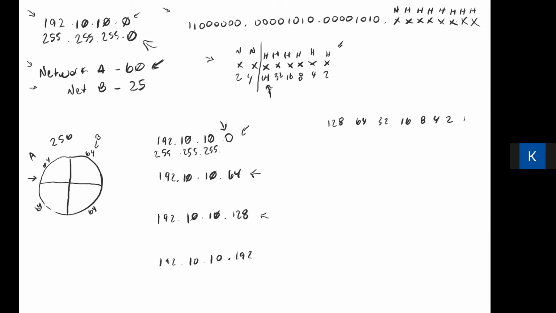Then you're going to place a 1 on the values of the bits that you borrowed for the network. So 1 and 1 here, 2 bits farthest to the left. Then everything that's part of the host is going to turn to a 0. This is going to give us a subnet mask of 192 for each one of the networks. Subnet mask of .192.